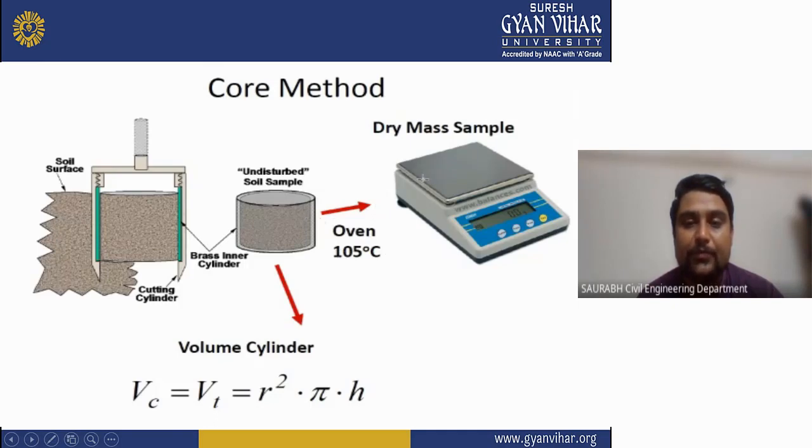After that, weigh this soil sample, since we have to remove the moisture content. And here you can see the volume of cutter will be equal to r square pi h. This is a simple formula of determining the volume of a cylindrical thing.